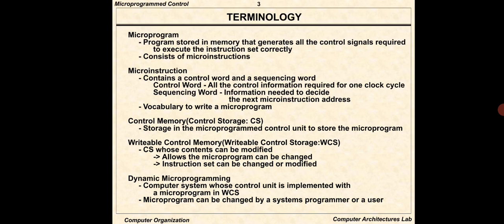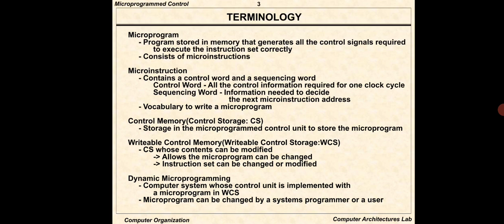A microprogram is nothing but a program which is stored in the memory, and that is used to generate all the control signals which are required to execute an instruction set correctly. Okay, and this microprogram consists of micro instructions.